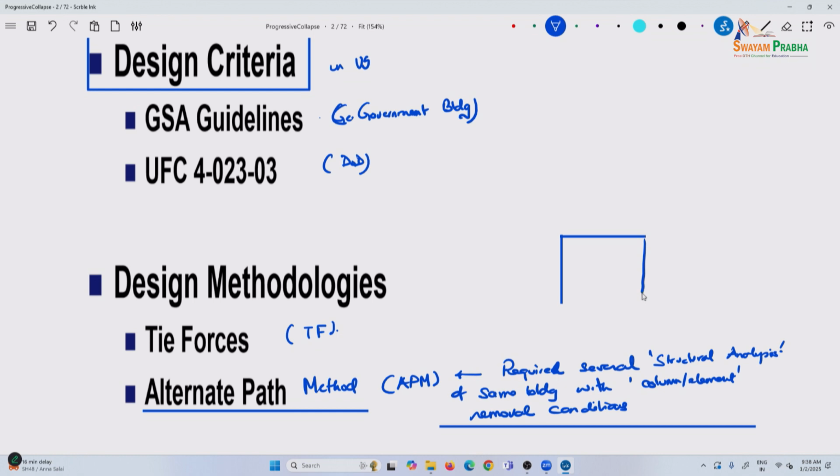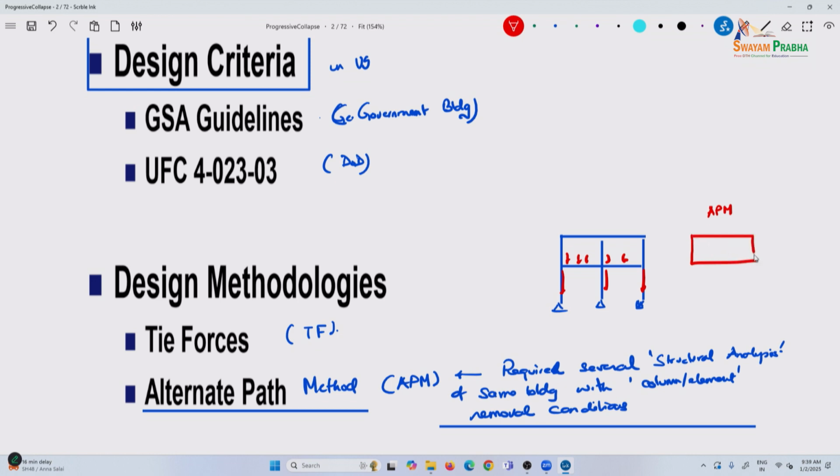For example, if you have a building like this and you are doing a normal structural analysis, we know that as you have a load path, this will go down this way, and down. Then in the APM, we might consider several scenarios.